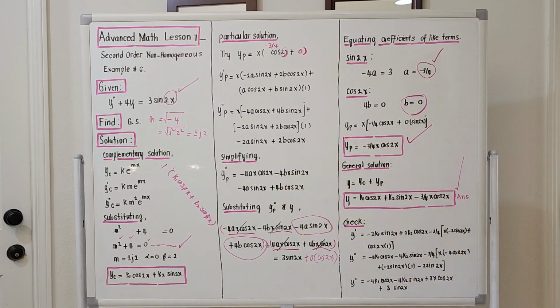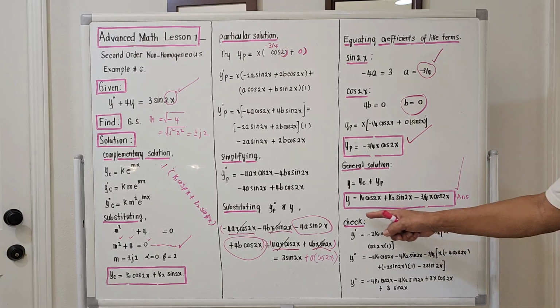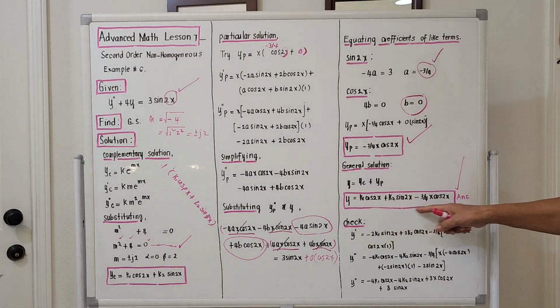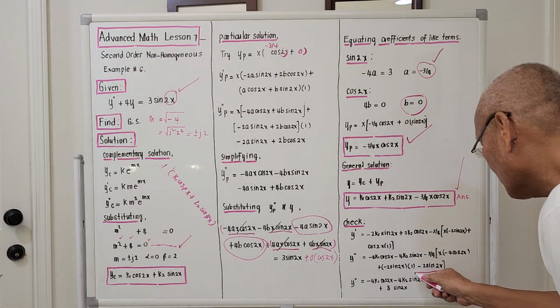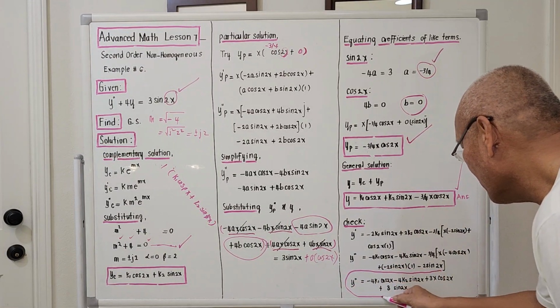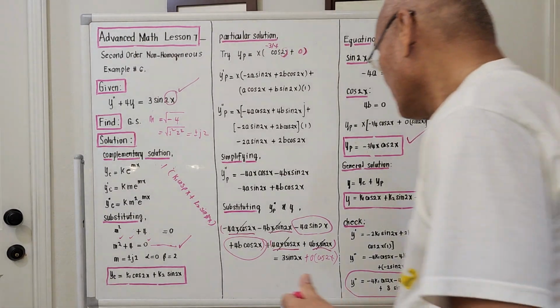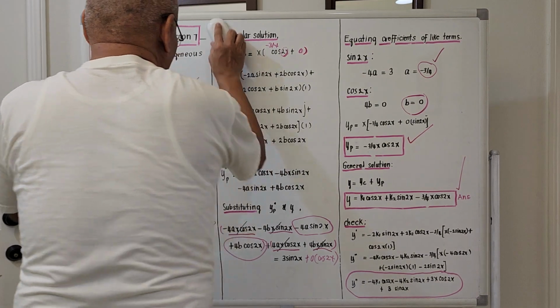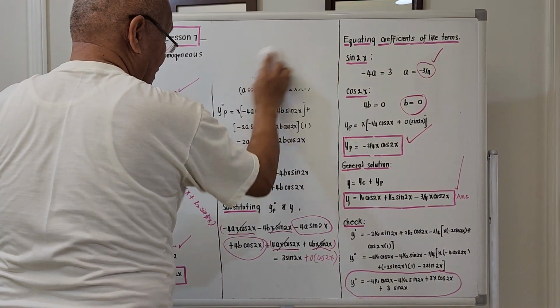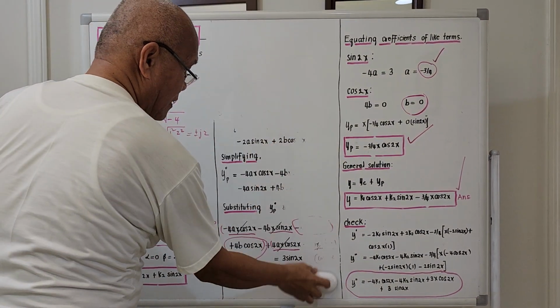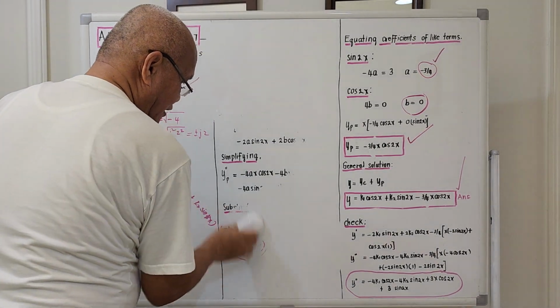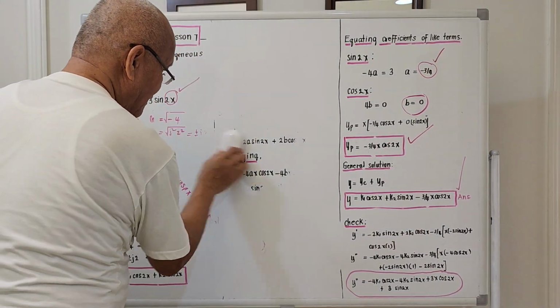To check the validity of our answer, we take the second derivative of the total solution. And this is the total value of the second derivative of the total general solution. Okay, I will continue it here. We are checking the validity of our answer, right?